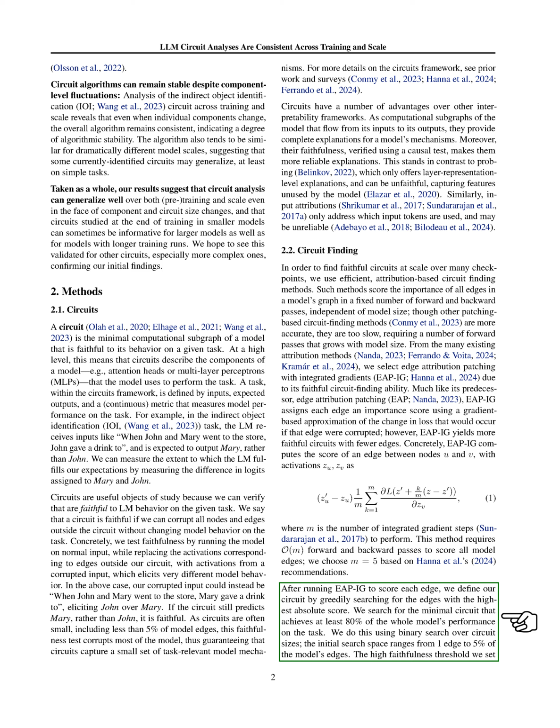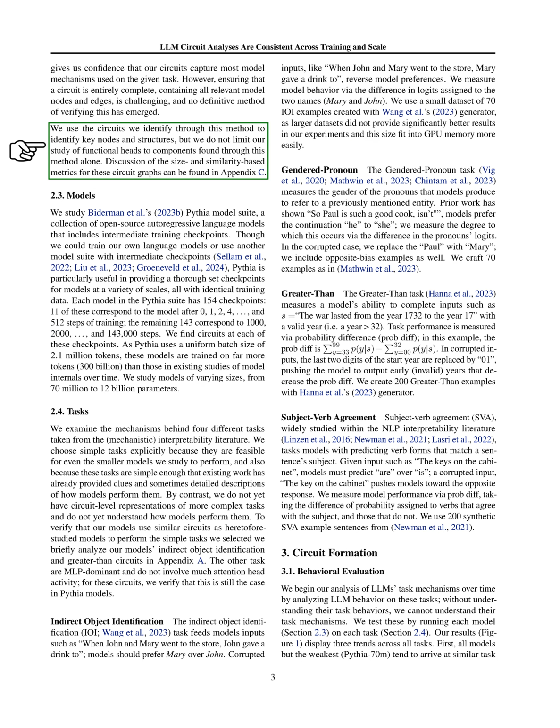We then construct our circuit by selecting the edges with the highest scores, aiming to achieve at least 80% of the model's overall performance. We apply this method to the Pythia model suite, which consists of autoregressive language models with different training checkpoints. These models range from 70 million to 12 billion parameters and are trained on a substantial amount of data. We focus on simple tasks to understand how these models operate, such as indirect object identification and gendered pronoun tasks.